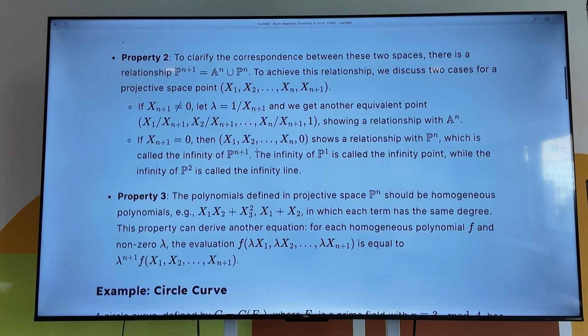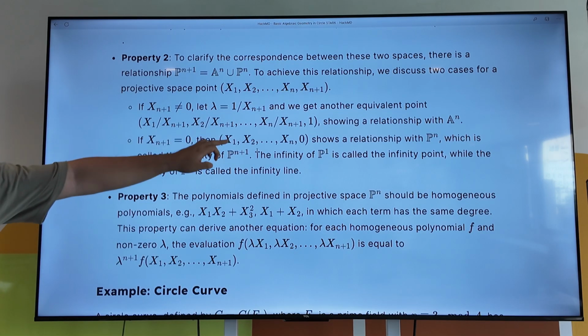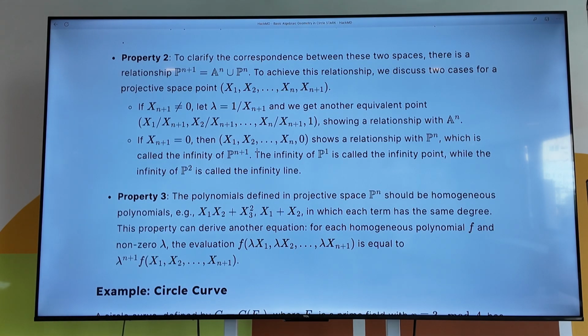We have two cases. The first case is if xn+1 is non-zero, we can let lambda be equal to 1 over xn+1, and we can get another equivalent point, showing that this has a relationship with A^n.